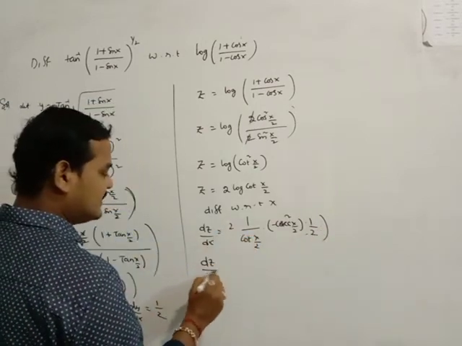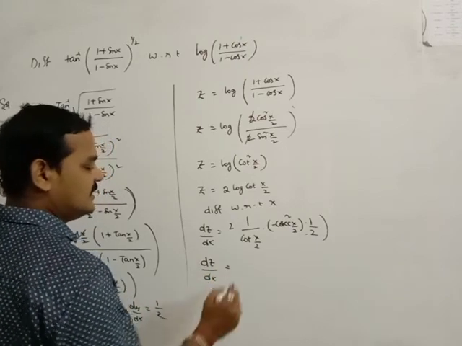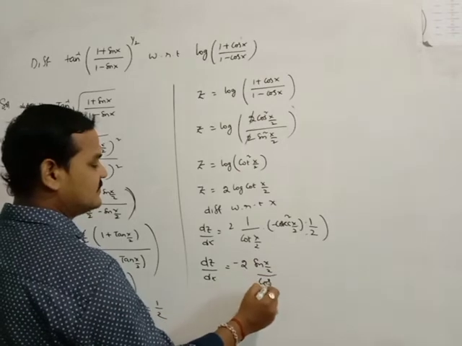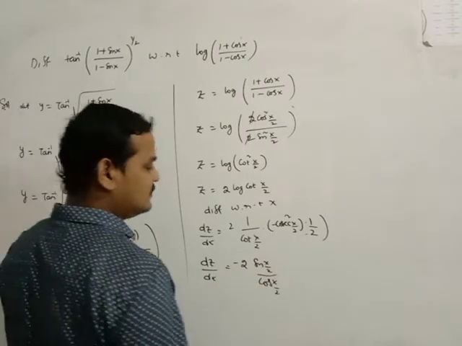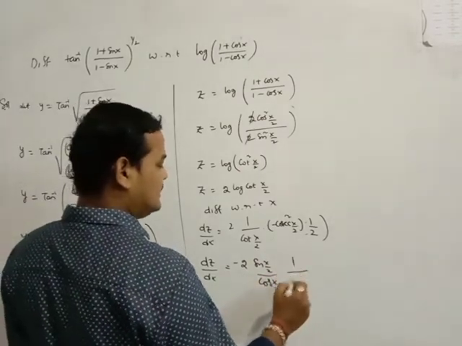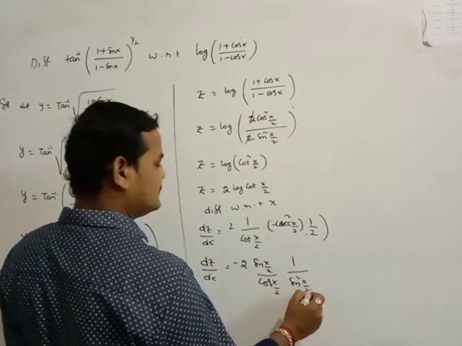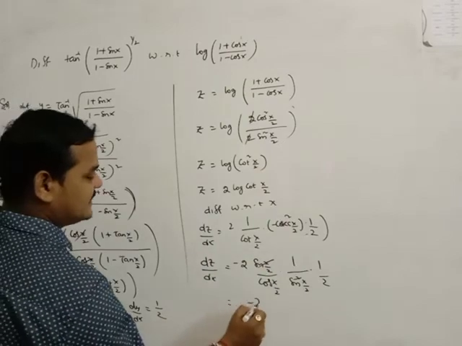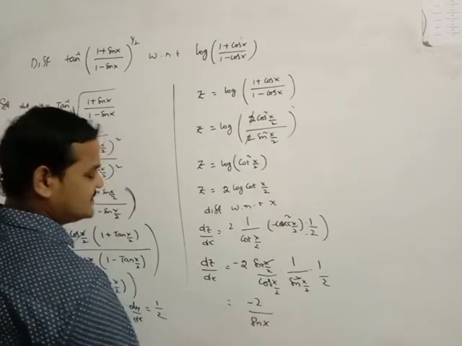So dz by dx is equal to minus 2 into 1 by cot, means sin x by 2 by cos x by 2, into 1 by sin square x by 2, into 1 by 2. Cos and sin cancel. So it is minus 2 by 2 sin x by 2 which is sin x.